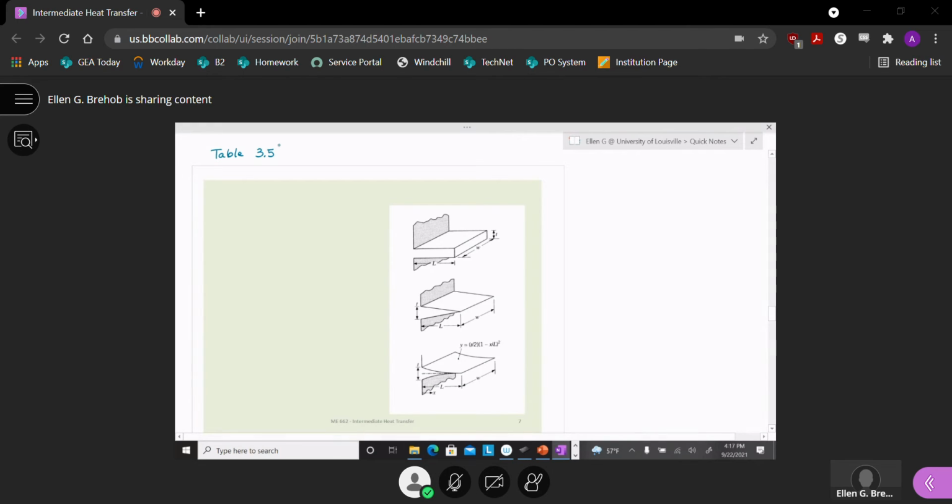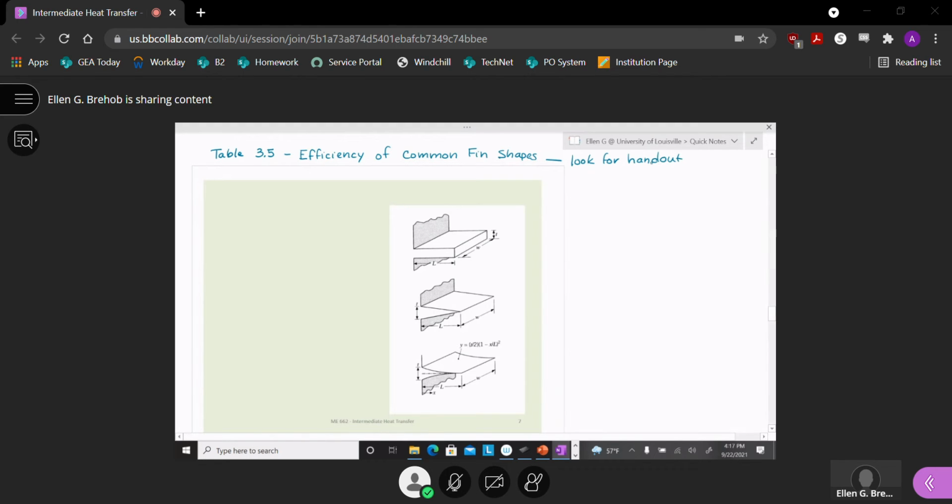I think I meant to do it, but I don't think you have it yet. But it will be in Blackboard. And it says efficiency of common fin shapes. Well, I'm calling it a handout, but obviously I'm not giving it to you.